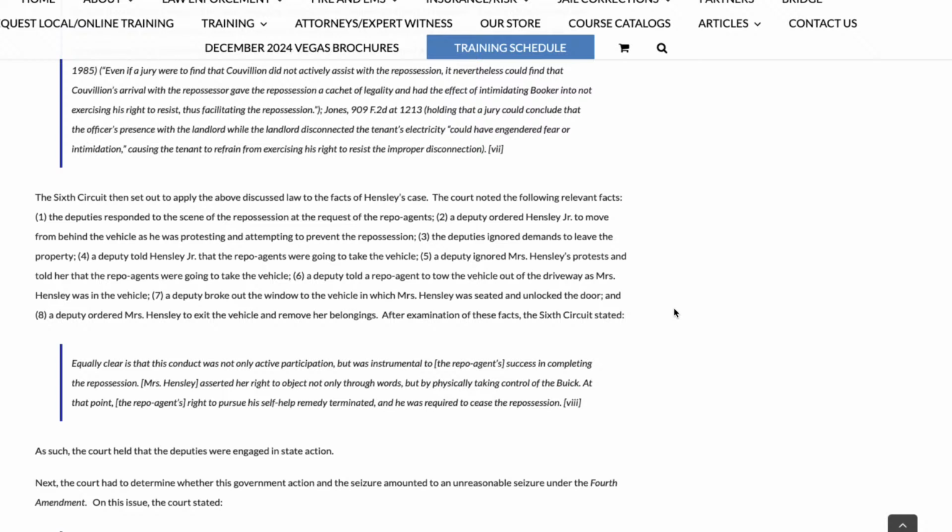After examination of these facts, the Sixth Circuit stated, equally clear is that this conduct was not only active participation, but was instrumental to the repo agent's success in completing the repossession. Ms. Hensley asserted her right to object not only through words, but by physically taking control of the Buick. At that point, the repo agent's right to pursue his self-help remedy terminated.